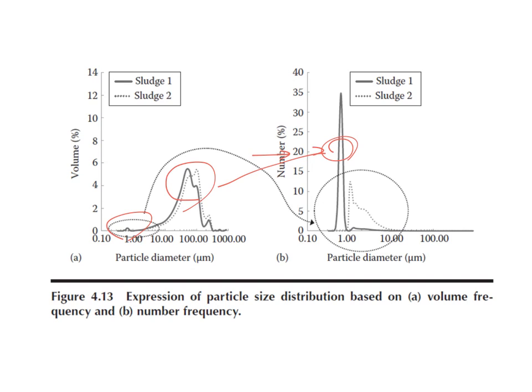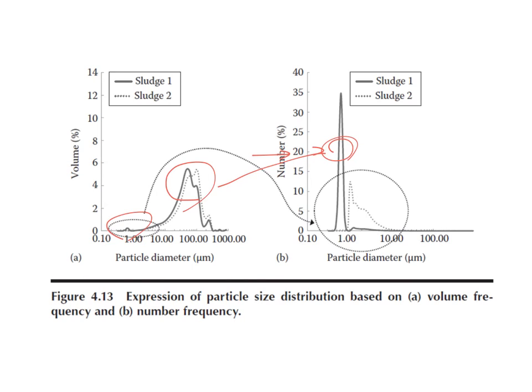Which means that if you just look at the numbers, the particles smaller than 1 micrometer are actually the majority of these particles. So the number of particles with a size less than 1 micrometer is the largest in this situation.